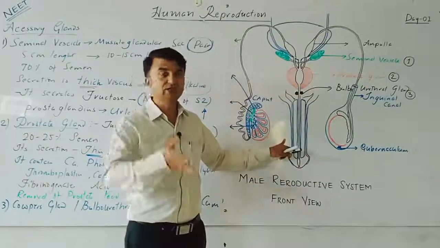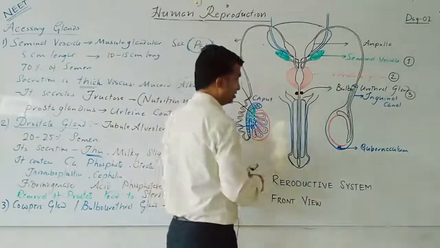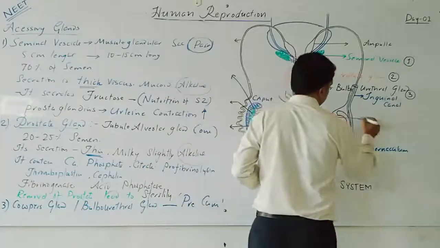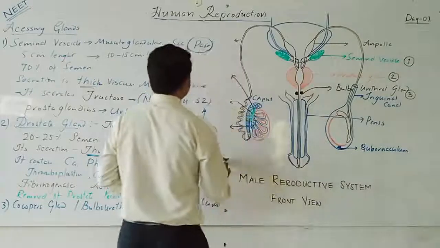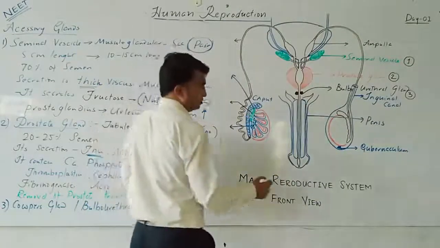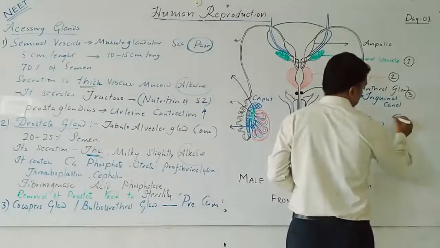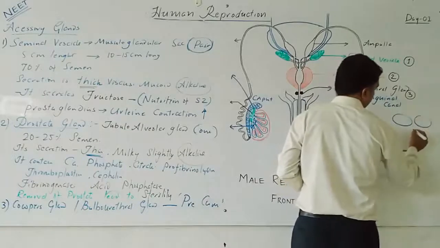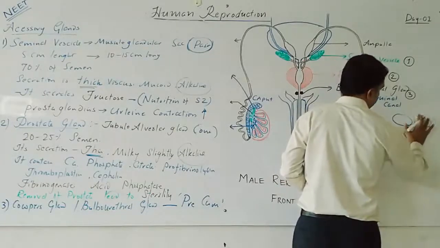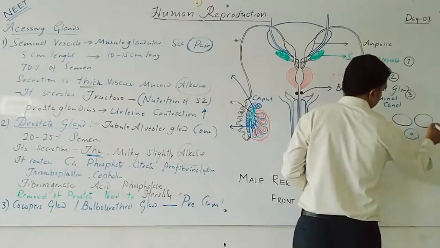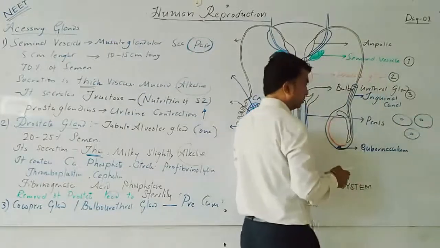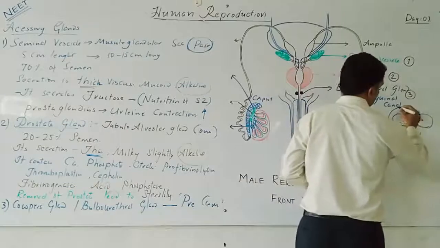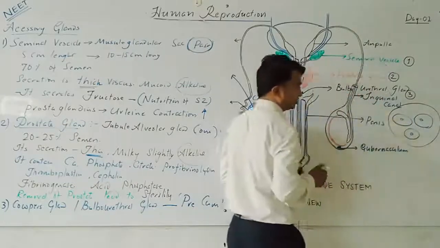So this is the transverse section of the penis. Highly erectile tissues are there. These three columns of tissues are covered by common muscle and connective tissue.